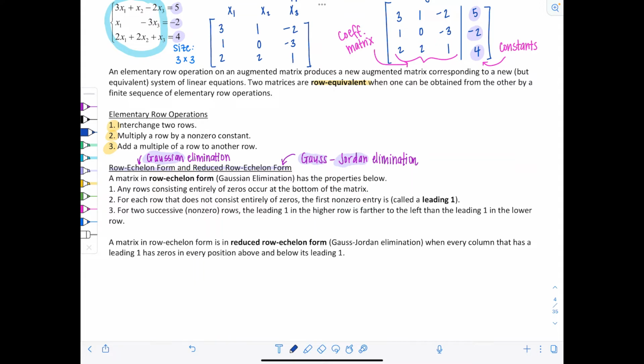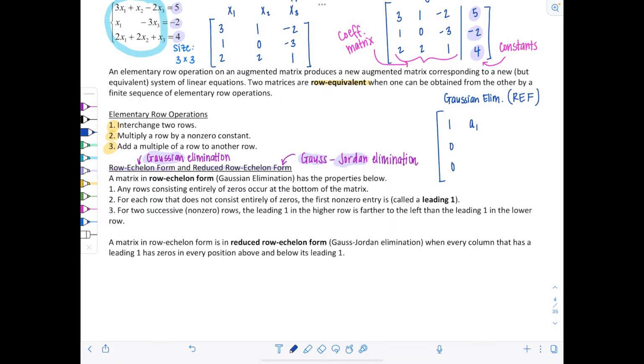So say we had a 3 by 3 matrix and we used Gaussian elimination, meaning it's in row echelon form, okay? Then this is what it would look like. If you had a 3 by 3, then the augmented matrix would be a 3 by 4, and you would have a 1 up here. You would have to have zeros beneath that 1.